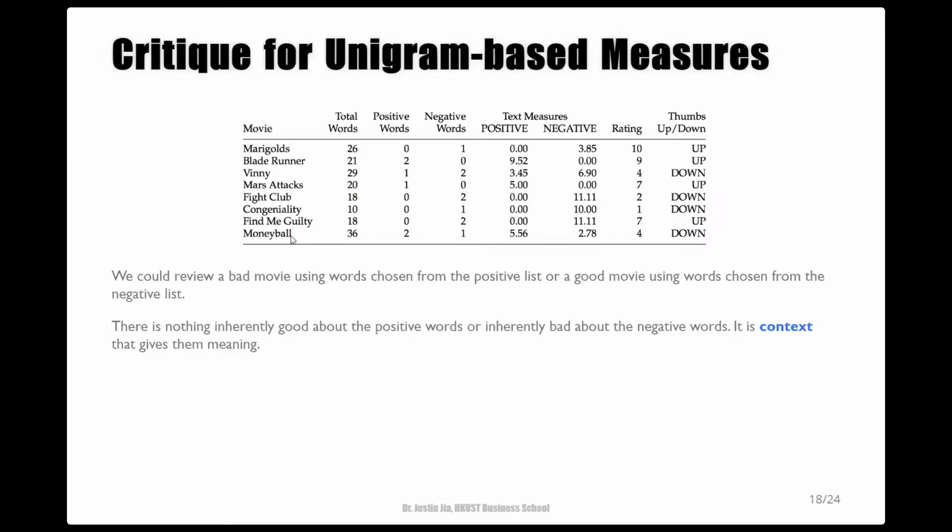It would be easy for us to review a bad movie using words chosen from the positive list, or a good movie using words chosen from the negative list. There is nothing inherently good about positive words, or inherently bad about negative words. As with any words we might use in communication, it is context that gives them meaning.